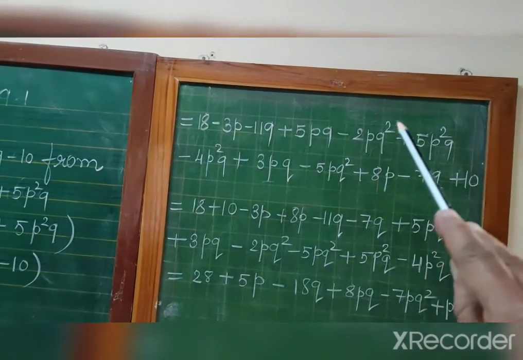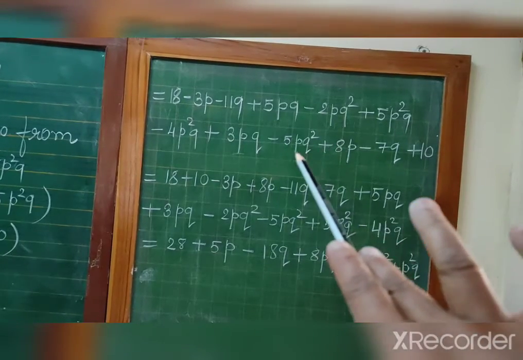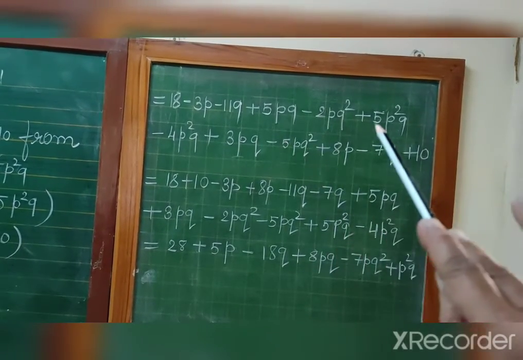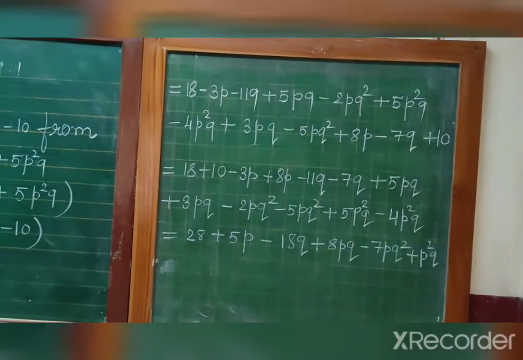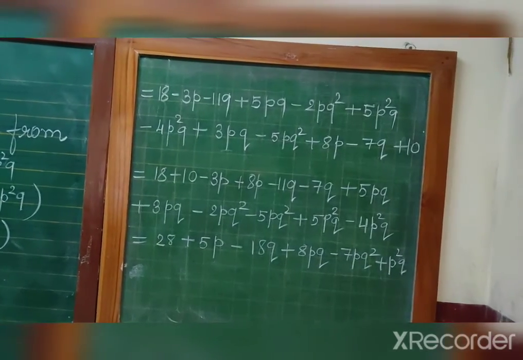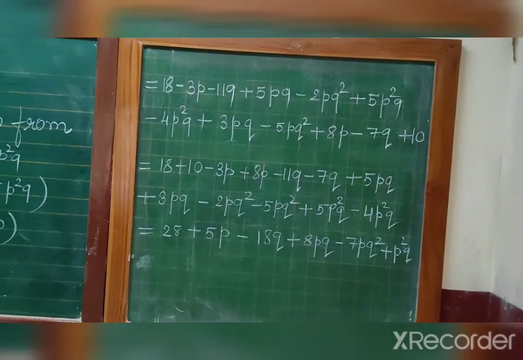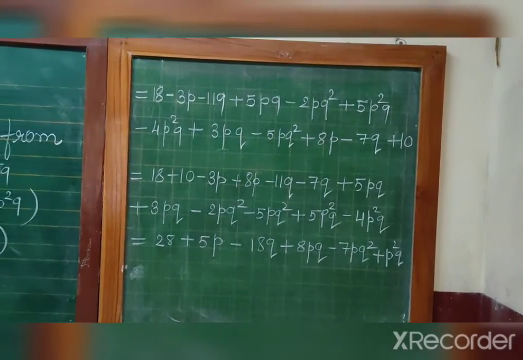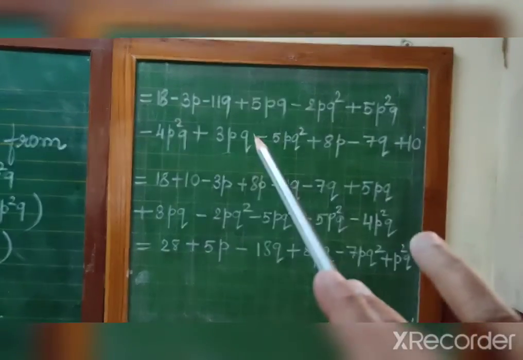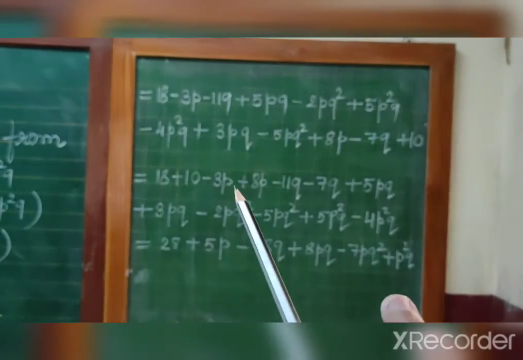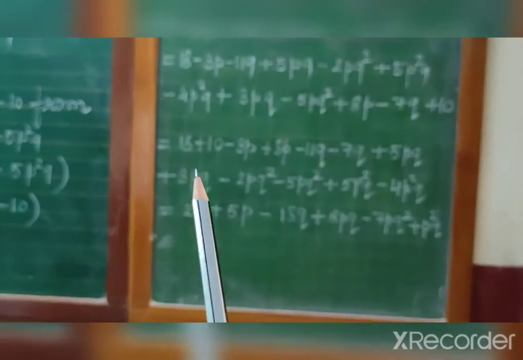Minus 2pq square minus 5pq square. Plus 5p square q minus 4p square q. So how many terms are there? You can check that no term is left out. So 18, 1, 2, 3, 4, 5, 6, 7, 8, 9, 10, 11, 12 terms. Again 1, 2, 3, 4, 5, 6, 7, 8, 9, 10, 11, 12. Correct.